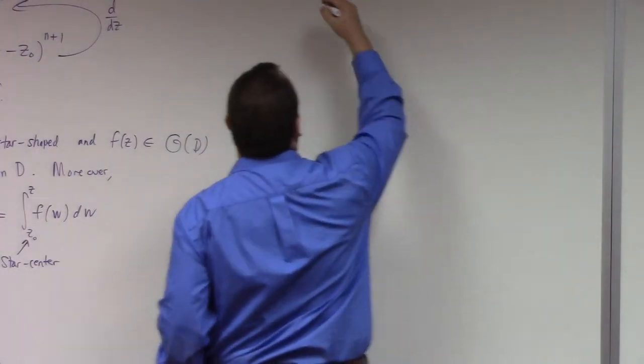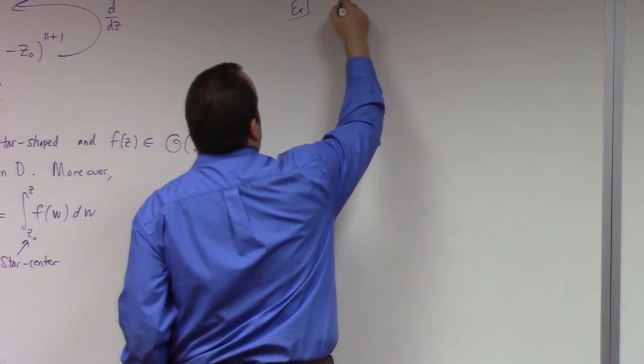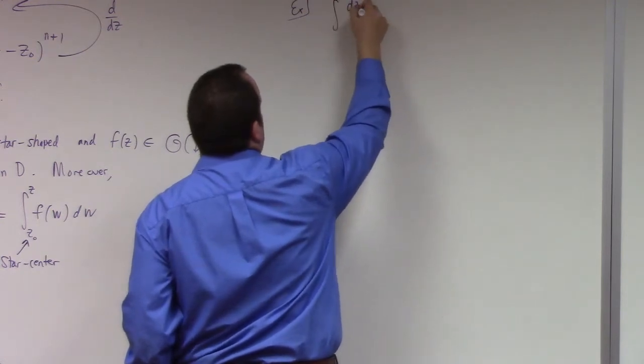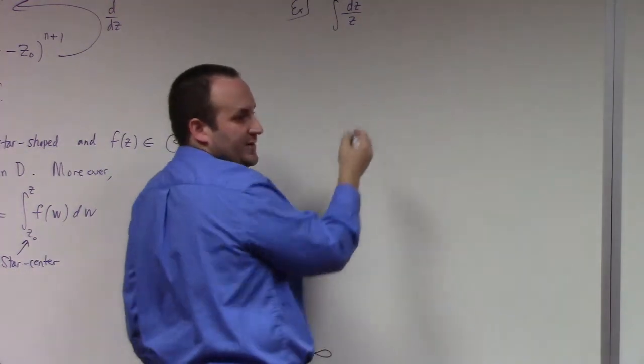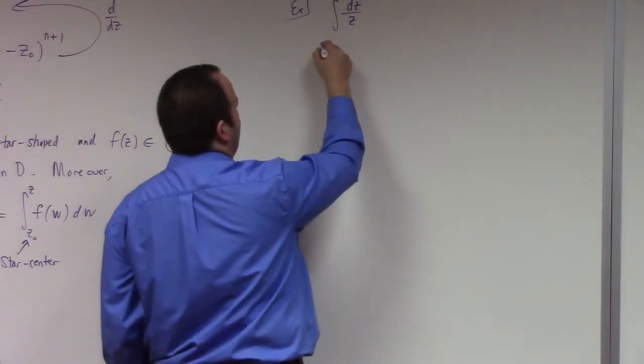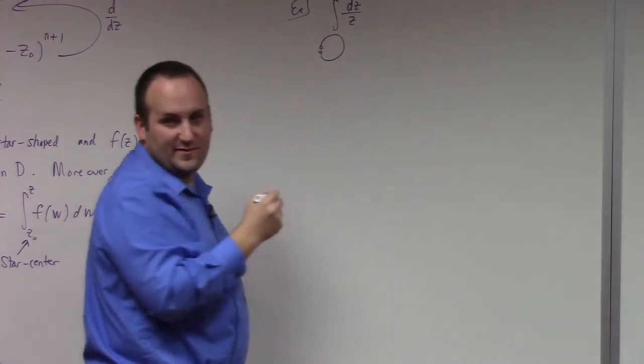So let's see here. What if we wanted to look at the integral of dz over z, right? And we're going to do it over this thing. So it's almost a circle.